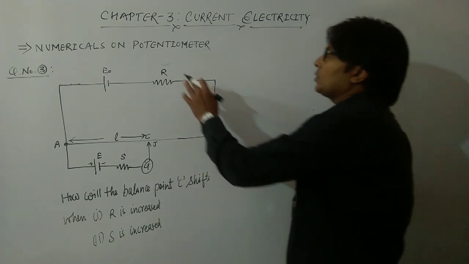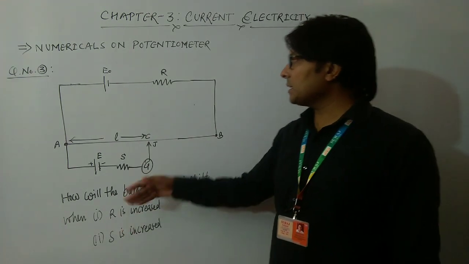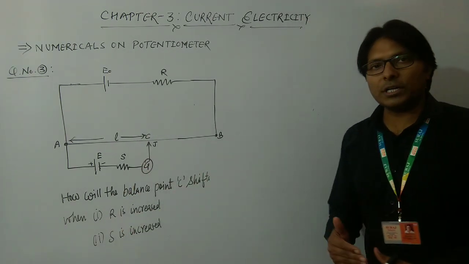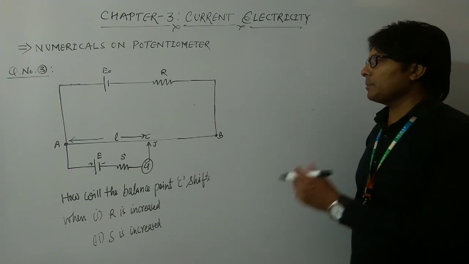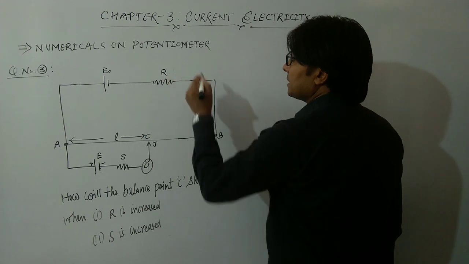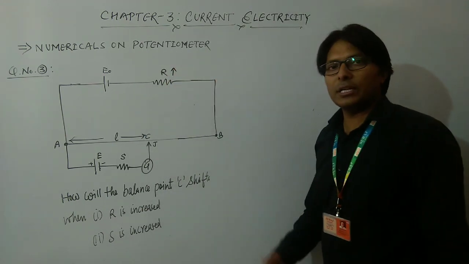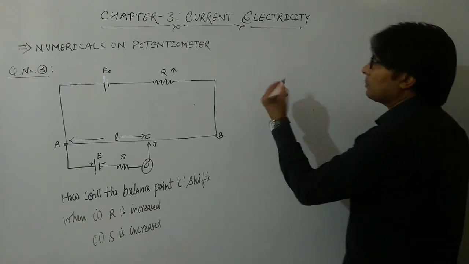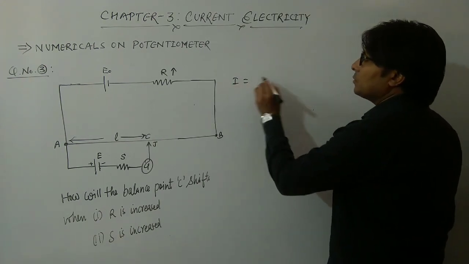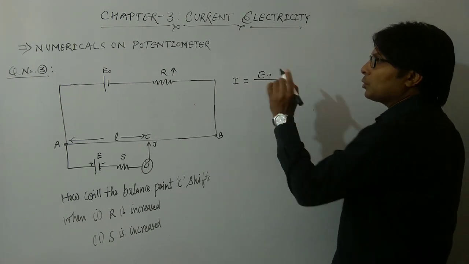First we check what the effect is when R is increased. If R increases in this circuit, then definitely the current will decrease, because the formula of current is I equal to the total EMF of the driver cell divided by the total resistance.